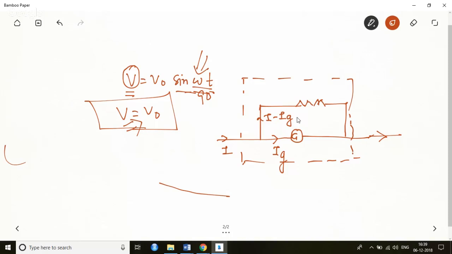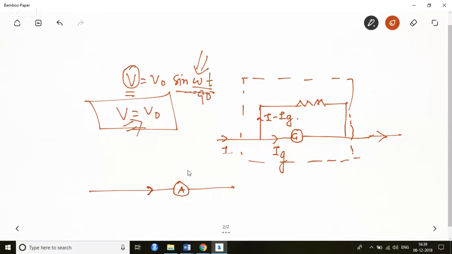An ammeter is connected in series with the element so that the current to be measured actually passes through it. Whenever I make a circuit, I put an ammeter in series with the circuit.